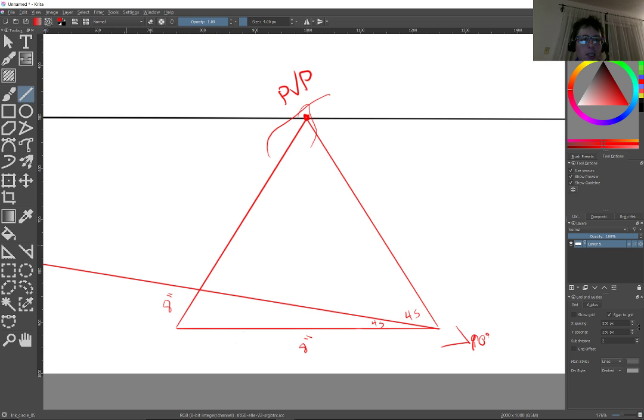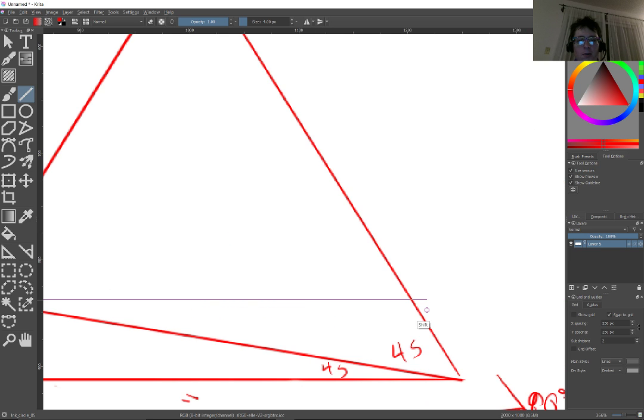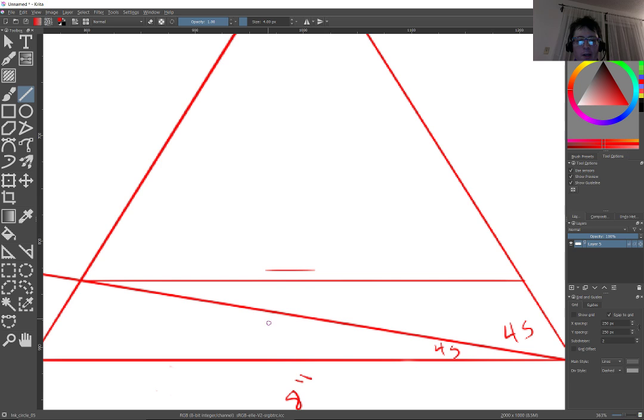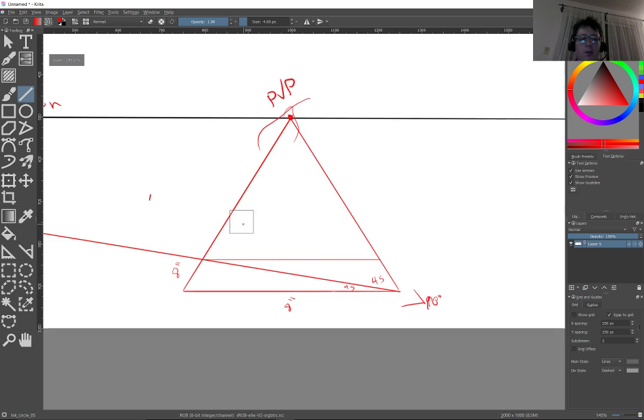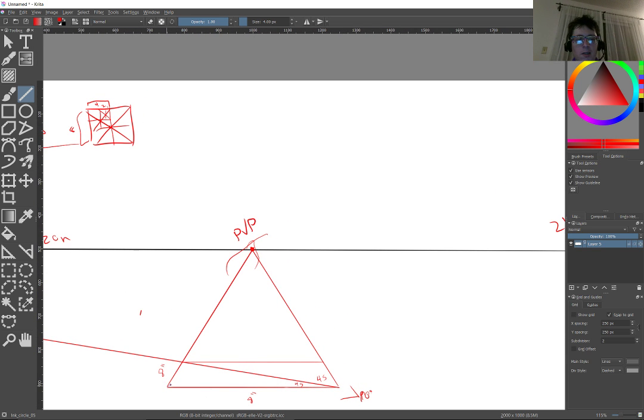Now we could actually just go off of this line from here, and this is going to give us enough mathematical precision that we don't need to draw the other line to say that if this is parallel to this, these two lines are parallel, and that's all we need to say that this is an exact mathematical square. But just for the sake of argument, I'm still going to do it because it's kind of handy.